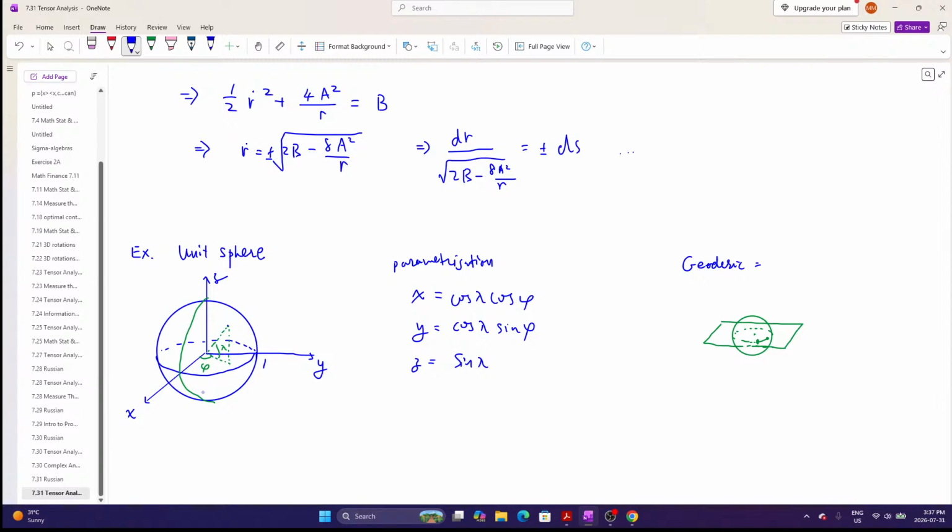Perhaps we have to look at special cases to get our answers, which is annoying, but we just do our best, I guess. The geodesics are supposed to be great circles, but let's just see what the calculation gives us.